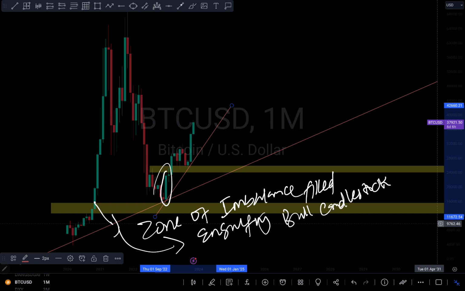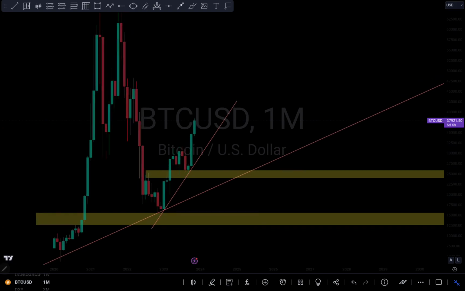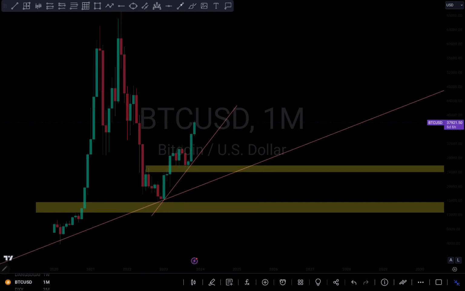To be honest, that was enough confluence for me to ride on. But some people are more conservative and still want more information, and I'm going to show you more information you can use to buy. Like I was saying previously, we were on a downtrend. Now the market has switched from a downtrend to an uptrend. Now, how are we going to know that the market has shifted?